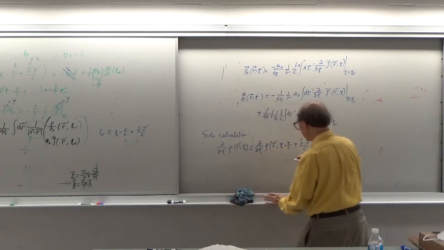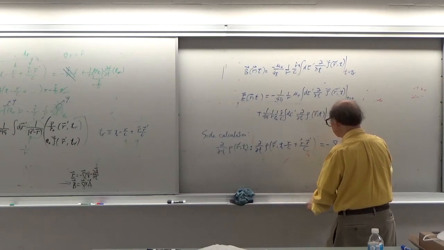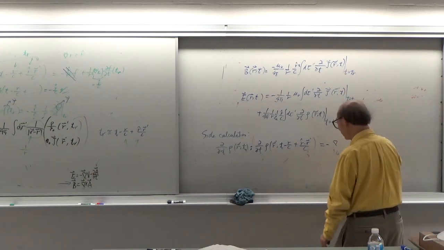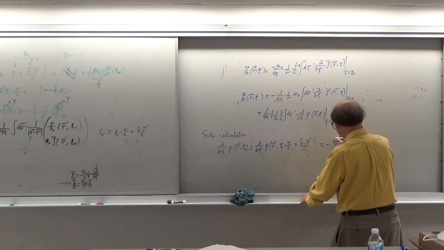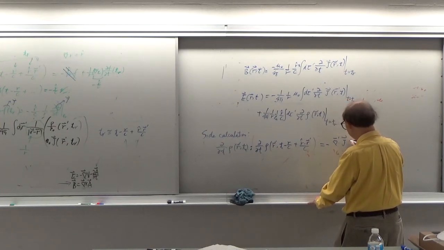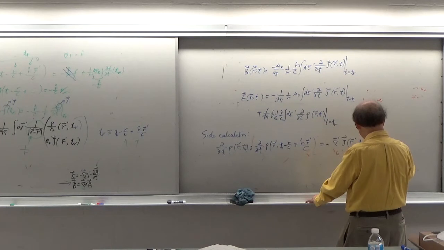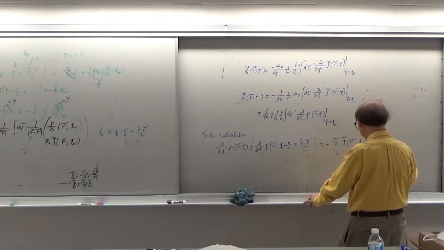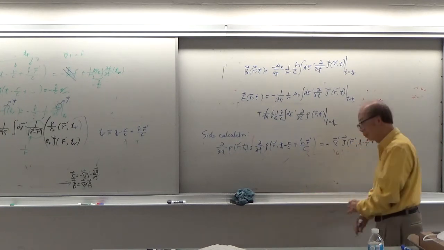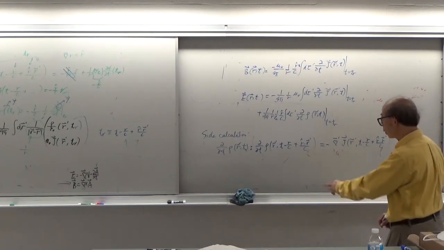But conservation of charge says that this is nothing but minus the divergence of J at r prime, so divergence prime dot J at r prime, at the retarded time, t minus R over C plus R hat dot r prime over C. Correct? So this is the expression for conservation of charge.